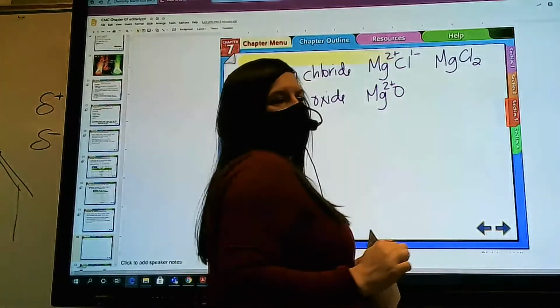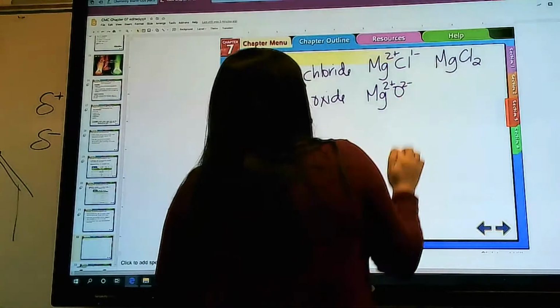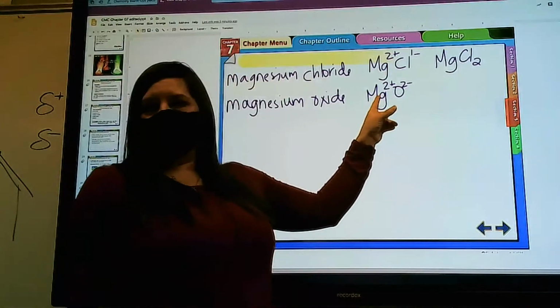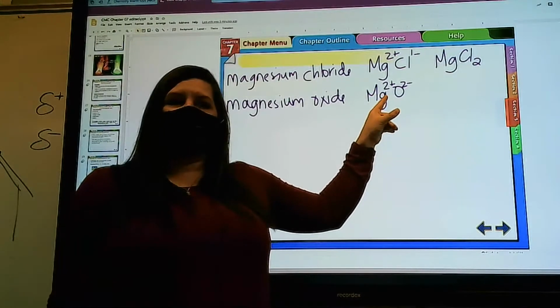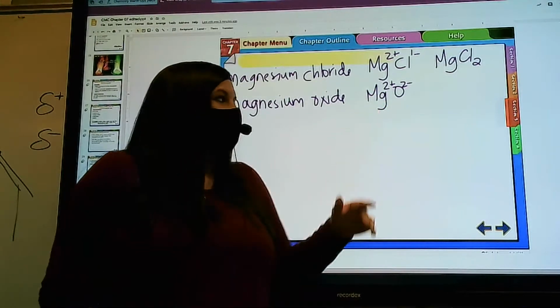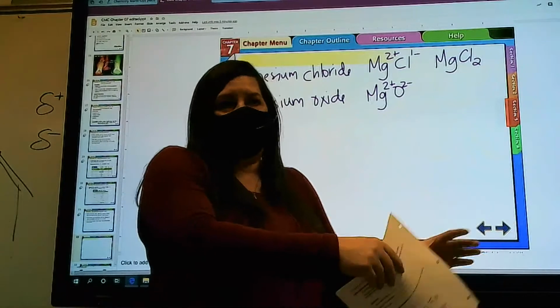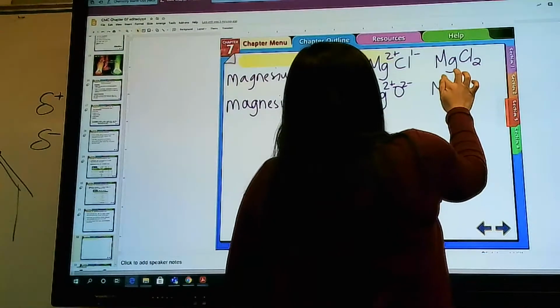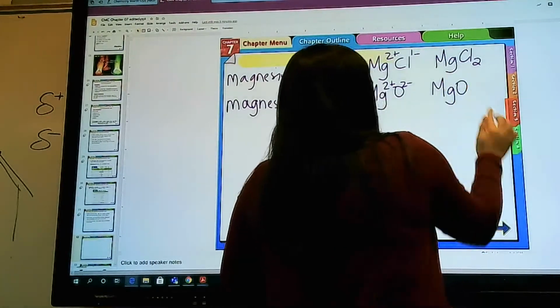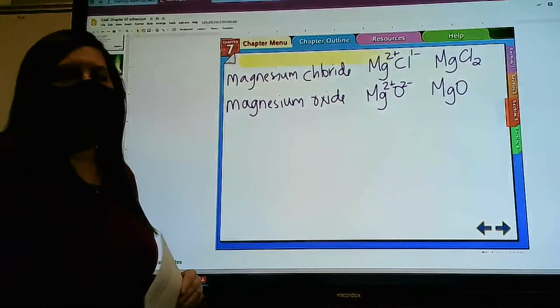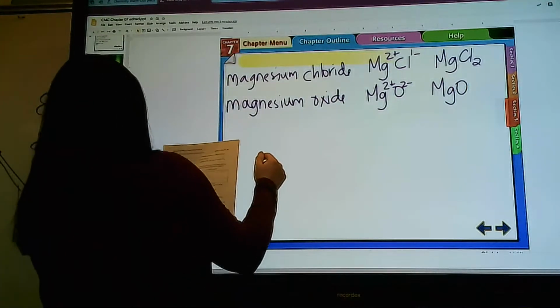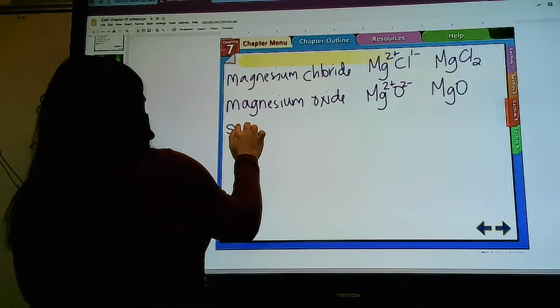Oxygen's charge is 2-, good. Do I need to do anything to balance these out? No, they're already balanced, so I just have to rewrite them. So I just write this as MgO, because I only needed 1 of each on that one.